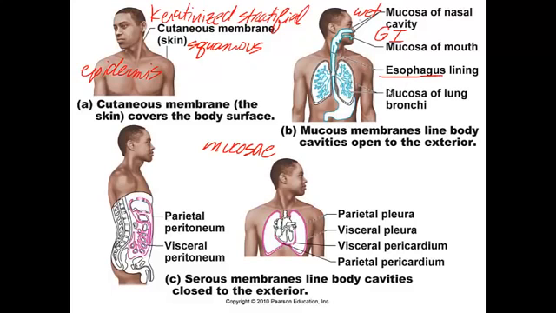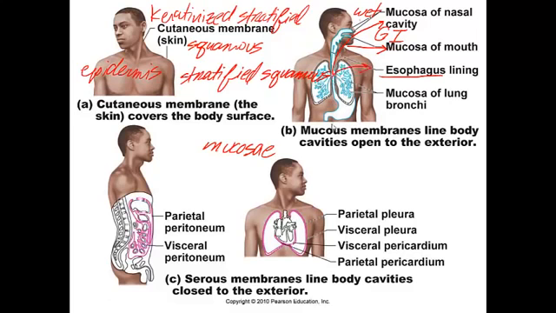And in this case, these are either going to be stratified squamous, so they could be many, many layers, and we're going to find these many layers specifically in areas closest to the opening of the body. So the mucosa of the nasal cavity or the oral cavity would be stratified squamous epithelium, as well as the esophagus.